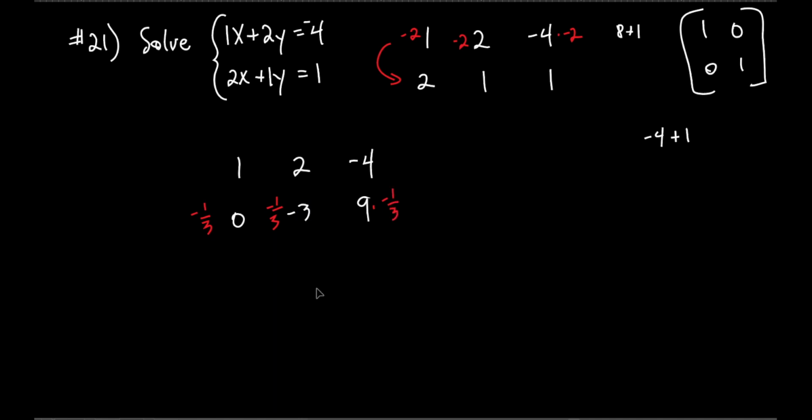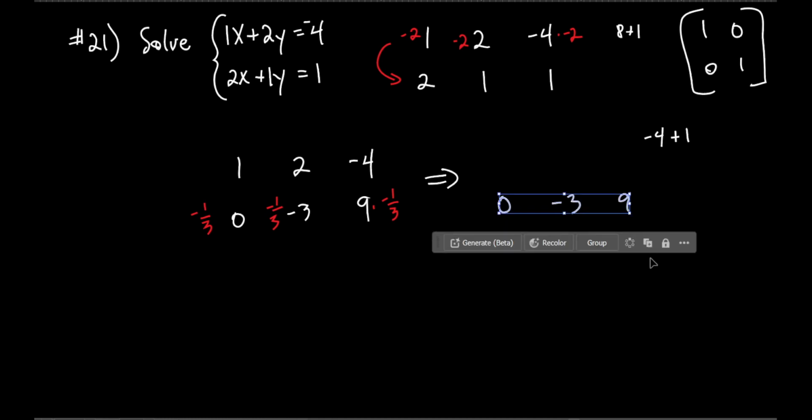All right? So let's do it. We'll just put it right over here. So what's negative 1/3 times 0? 0 plus 1 is, the bottom stays the same. Okay? I'm sorry. We're not adding it to the other one. All we're doing is just multiplying by negative 1/3.